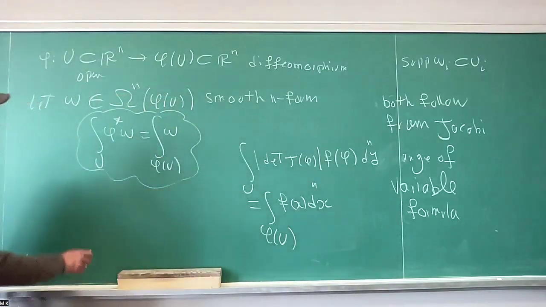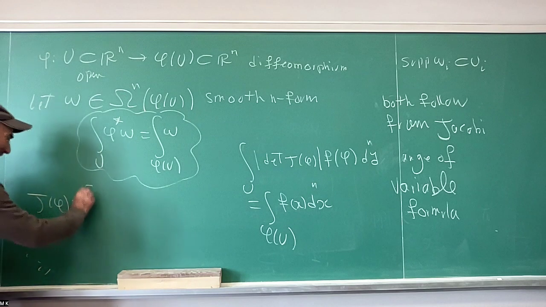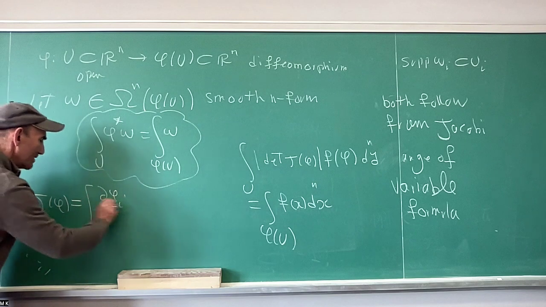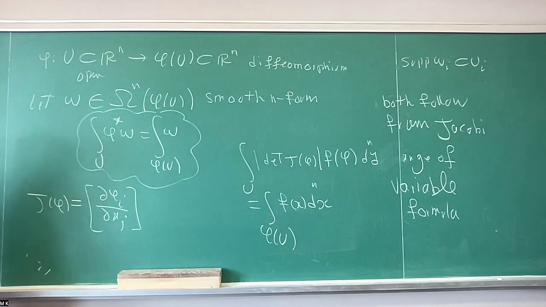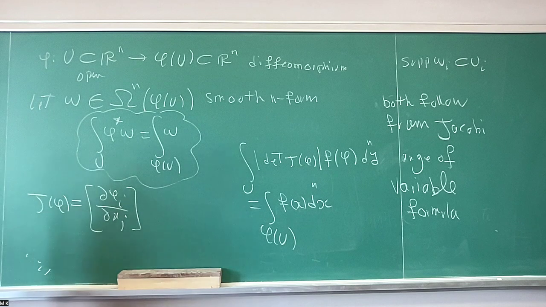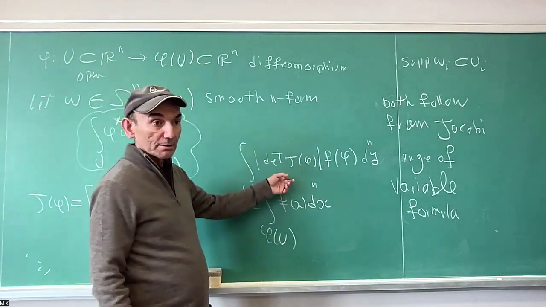You see, but I mean, this Jacobian is always confusing. By Jacobian today, I mean this d phi_i/dx_j, the partial derivative matrix. Sometimes people take the determinant of this as the Jacobian. So for now, let's take that. Okay. Now, the important thing is that there is an absolute value sign here.